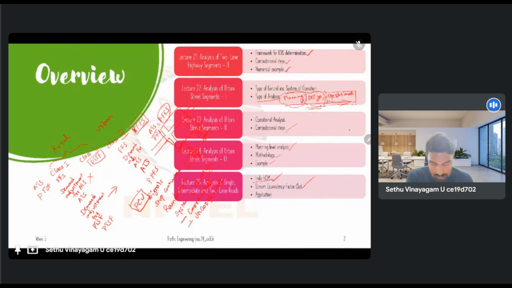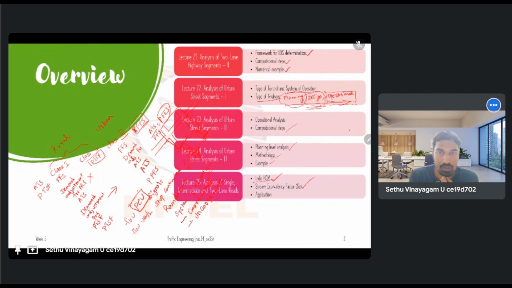But this PCU depends on the composition, so it can change depending on the traffic conditions, the volume, etc. Therefore the stream equivalency factor was introduced, which takes into account the flow in PCU as well as the flow in vehicles per hour, and then comes up with the stream equivalency factor.